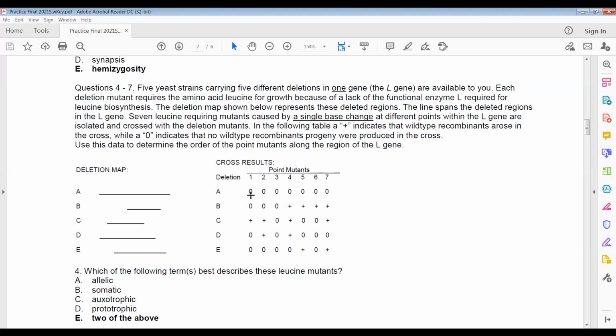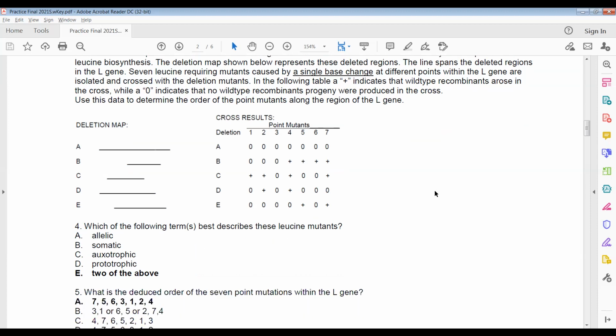Zero means the progeny from this cross cannot grow, so it's minus. However, a plus sign means that if we cross, for example, deletion B with point mutant 4, the progeny will grow on the minimal medium. So this is the question.